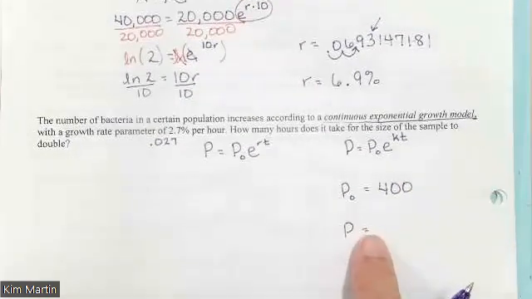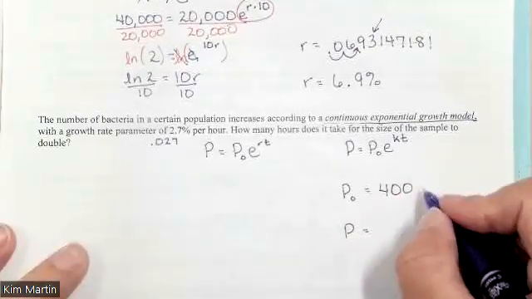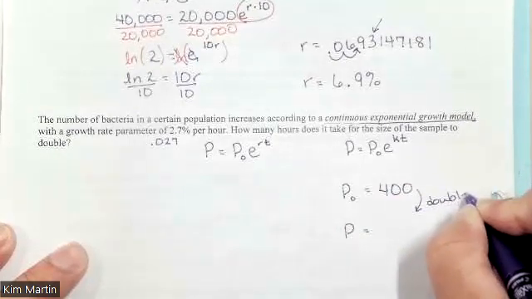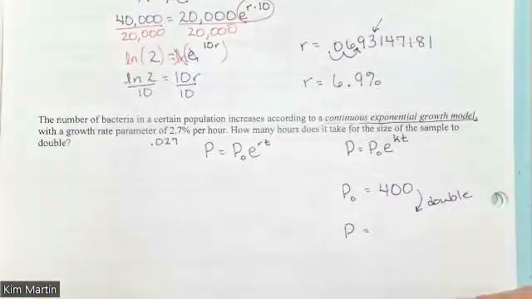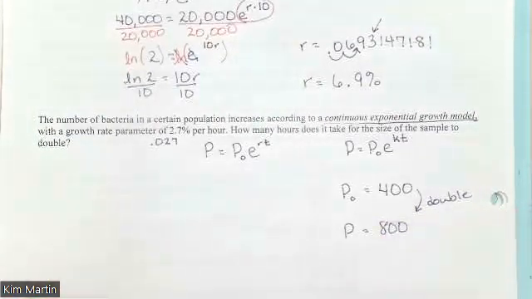This is going to double that. So whatever yours is, double it. Mine will be 800 because I used 400. Yours should be different. It's not that big a deal because everybody's going to end up with the same thing in the end.